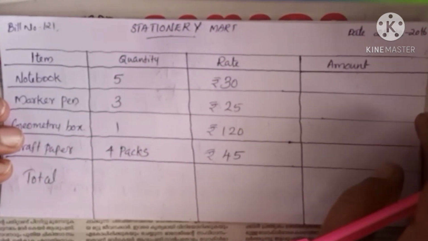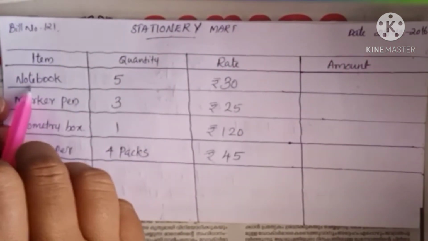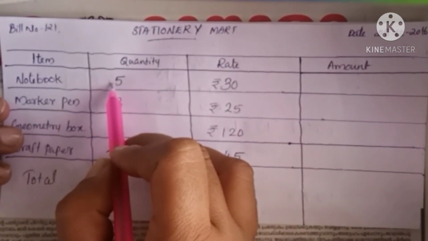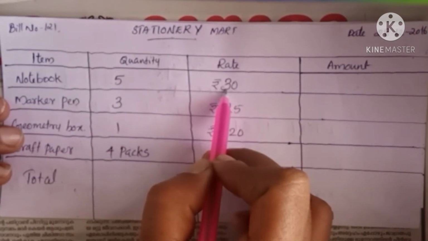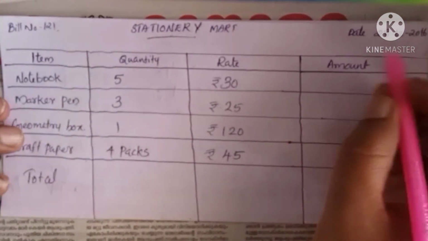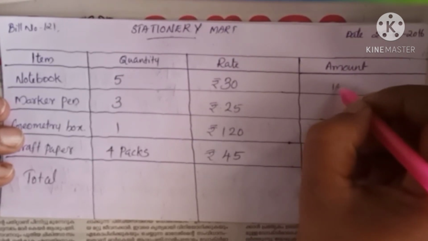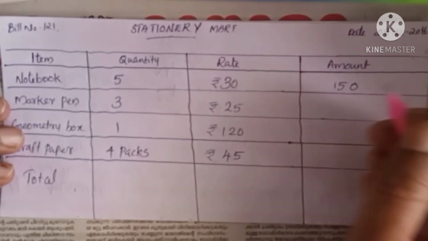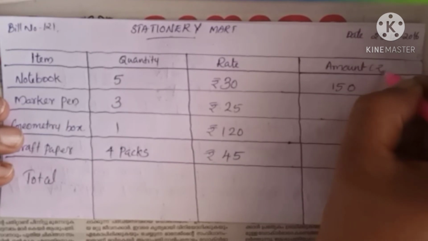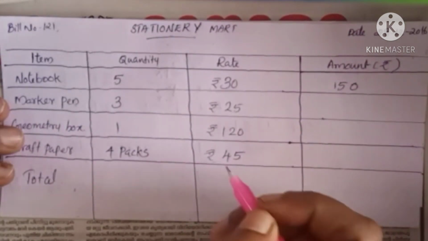Anyway we can write, no problem. Then notebook. One notebook's cost is 30 rupees and 5 notebooks cost 5 threes are 15, 150 rupees.